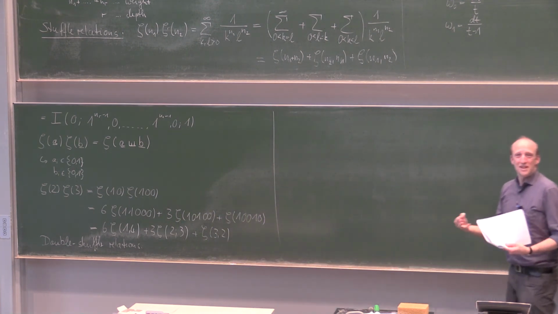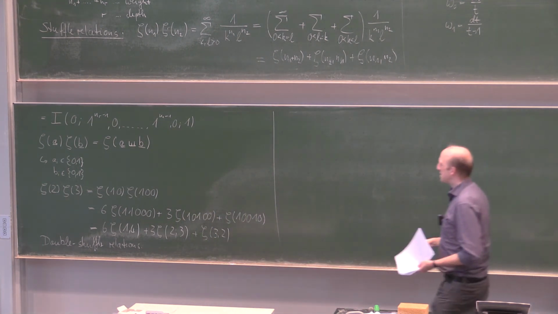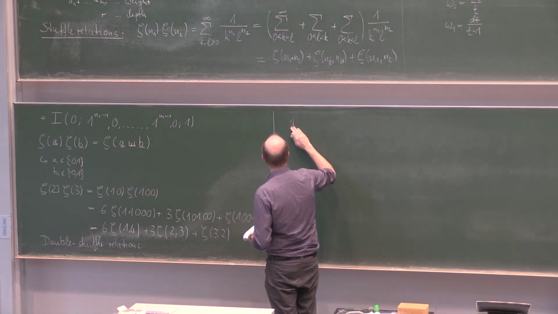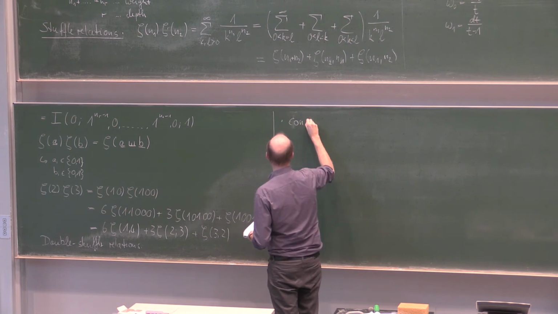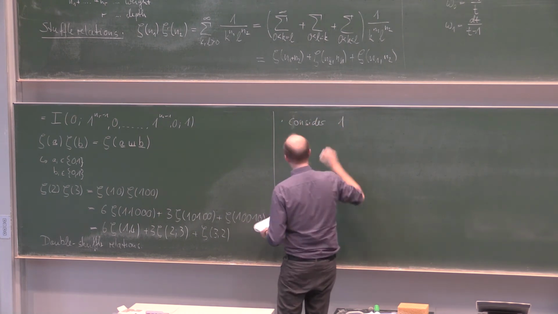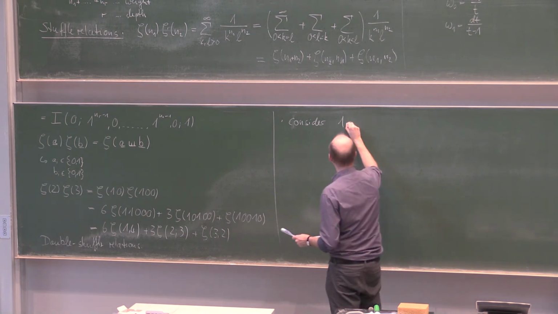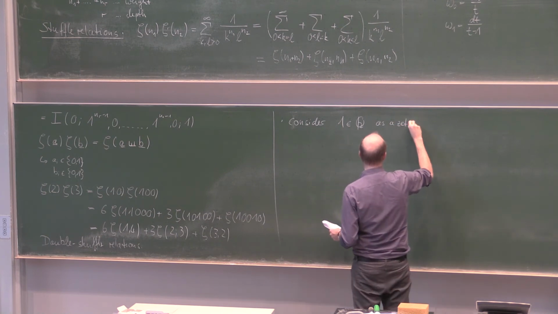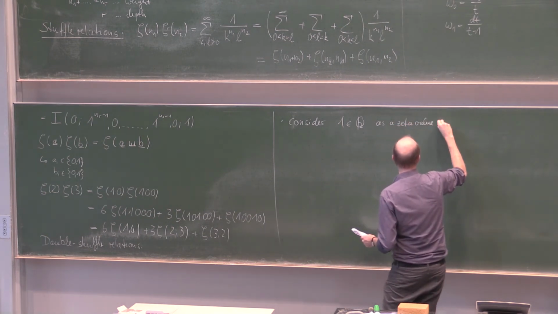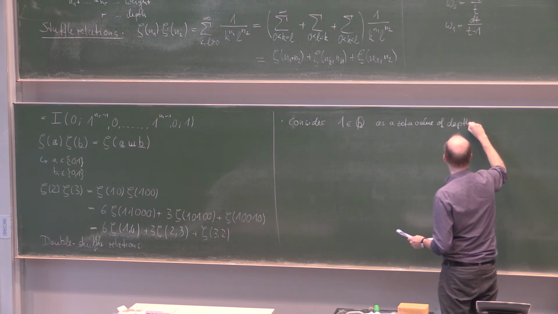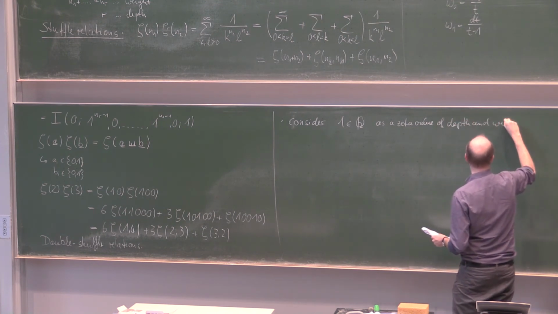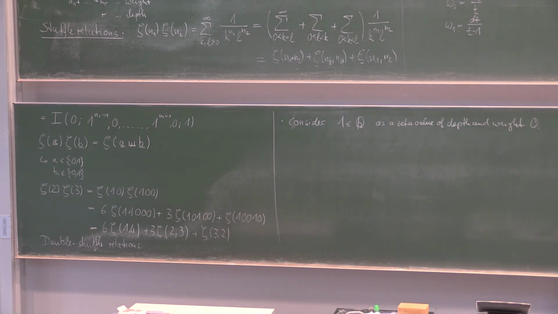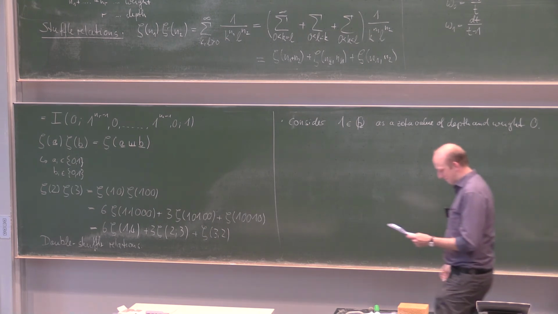The first thing I want to suggest, and that's not my suggestion, but the suggestion of many mathematicians, I want to consider the number 1, which is, of course, a rational number, as a zeta value of depth and weight 0. That will make a couple of things easier when we are proceeding.